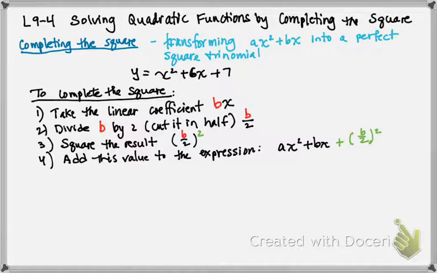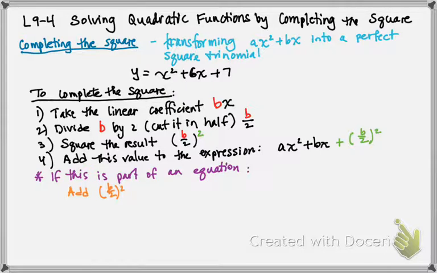Okay? Now, we can do this with an expression, and we can also do it with an equation. If this is part of an equation, we're going to add that b over 2 squared to both sides of the equation.